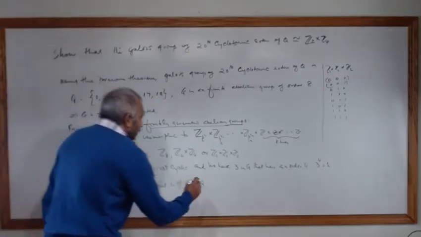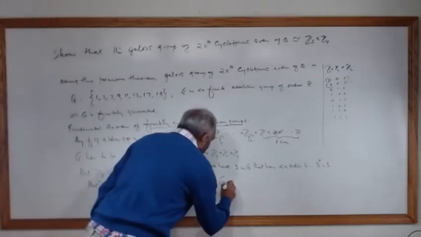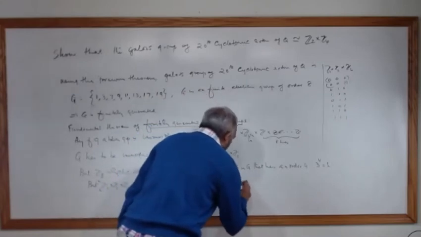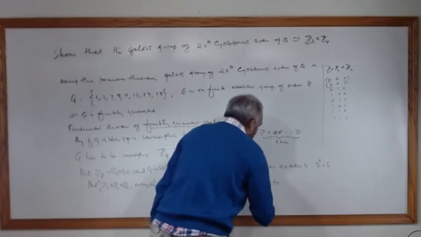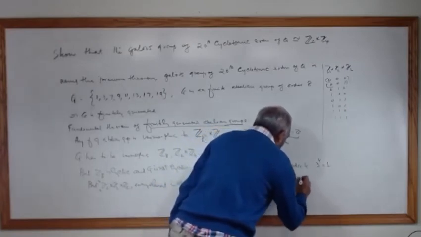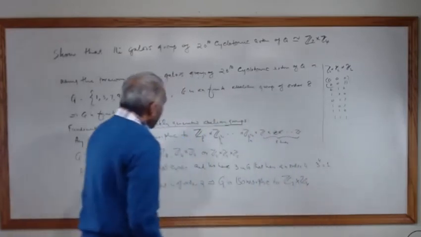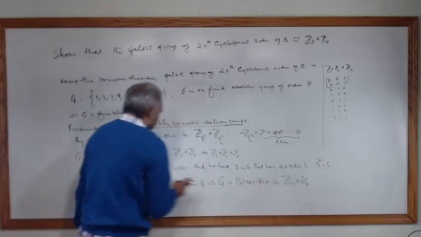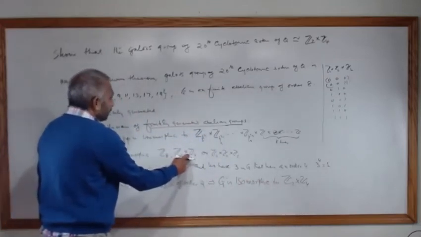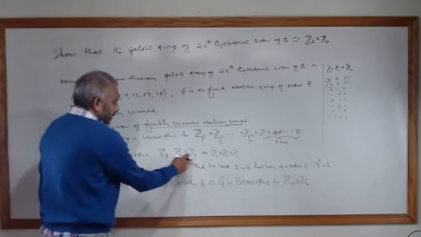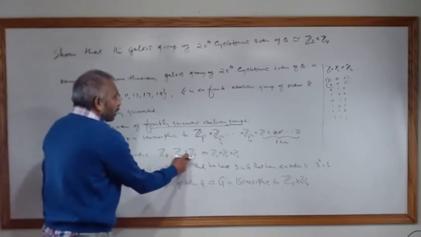So that means G is isomorphic to Z2 cross Z4. And of course, if you take Z2 cross Z4, you'll find that there are elements that have order 4.